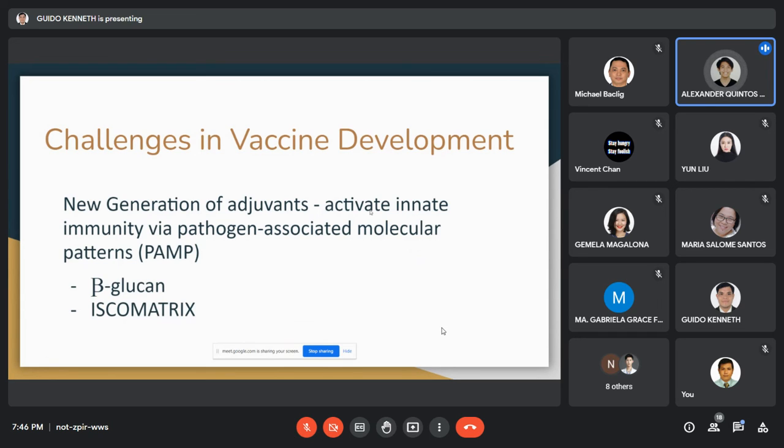Another example is ISCOM matrix, which induces an innate immune cell-stimulating adjuvant, which induces a potent, long-lived, and protective humoral and cellular immune response.